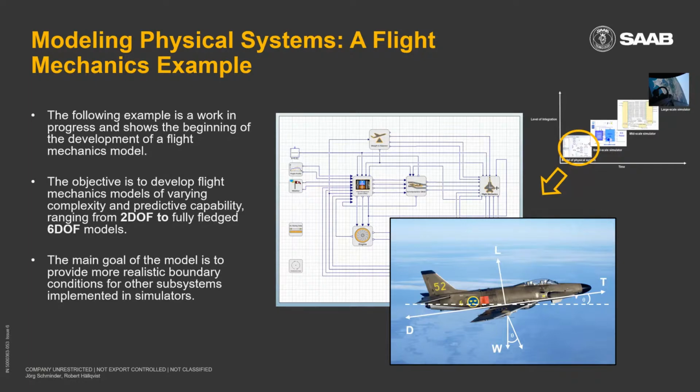And that's basically for having a certain modularity in the future to choose a model in an adequate complexity for our simulators. So, like I said, a 2 DOF model at the moment, a 6 DOF model will be developed a little bit later on.